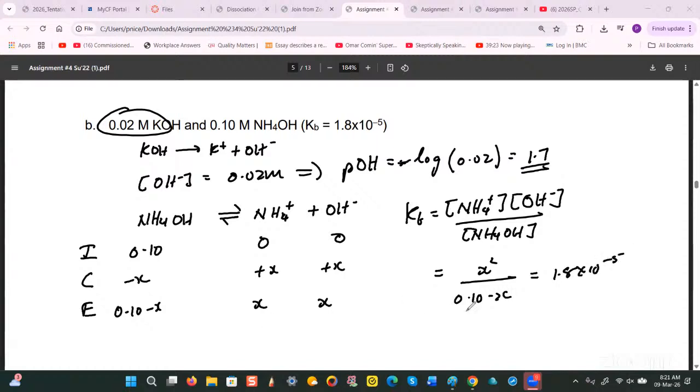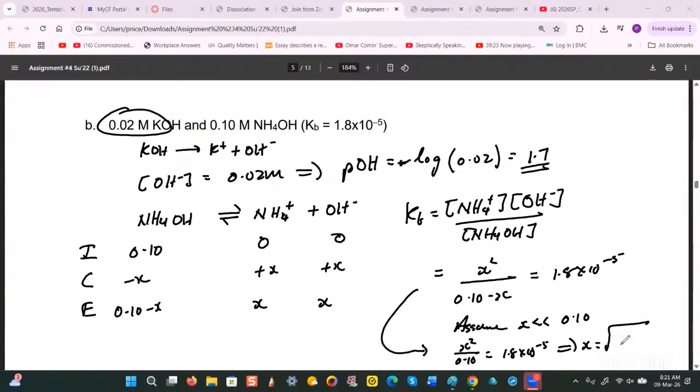And just like we did before, we would assume that x is much smaller than 0.10, which means that this part here becomes reduced to x squared over 0.10 is equal to 1.8 times 10 to the minus 5, which means that x will be equal to the square root of 0.10 times 1.8 times 10 to the minus 5.